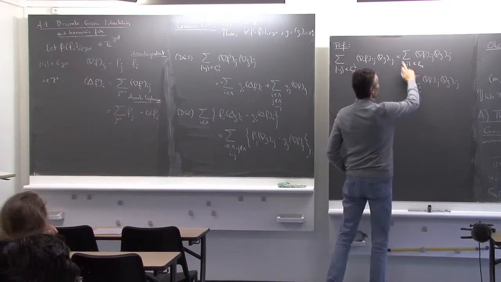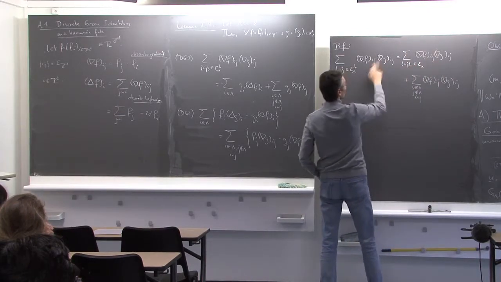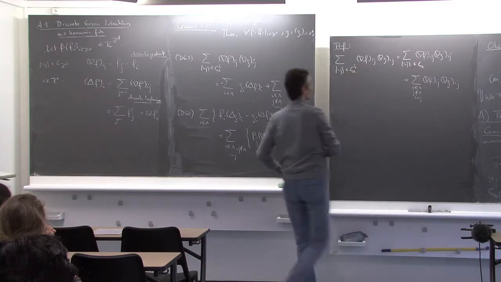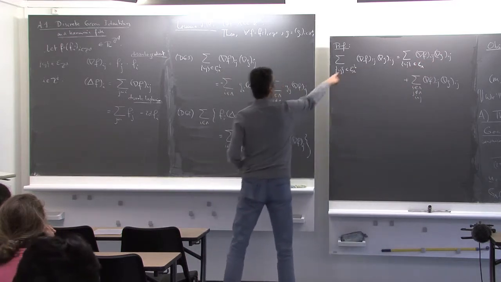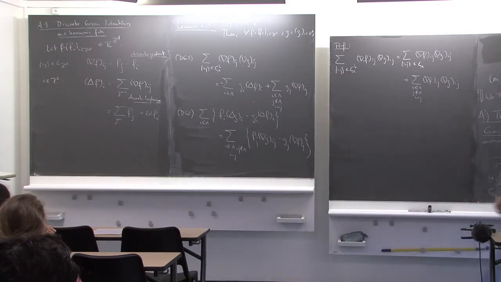So let's start this way. And now I will focus my attention on this term. Things are much nicer for this term than this one, because this is completely symmetric in i and j, which is not the case here. Well, you'll see.